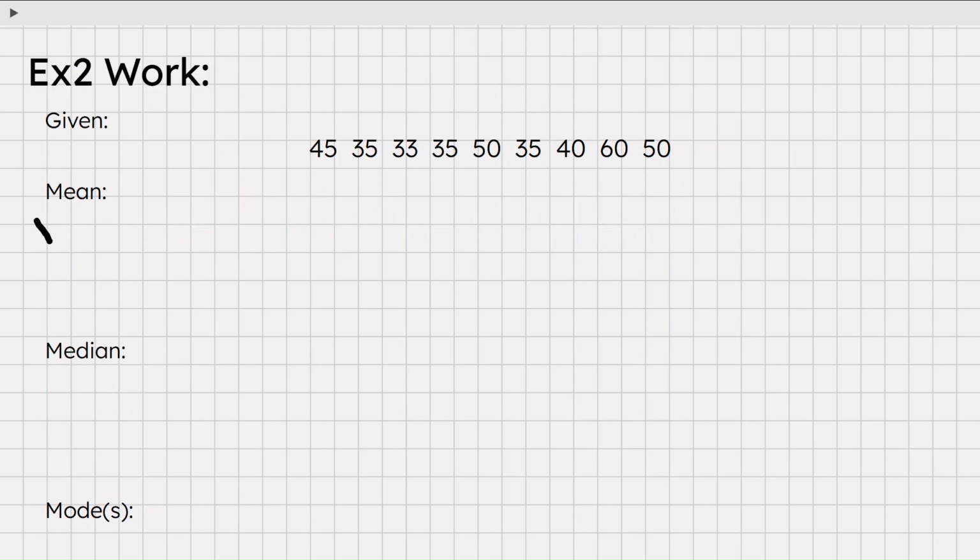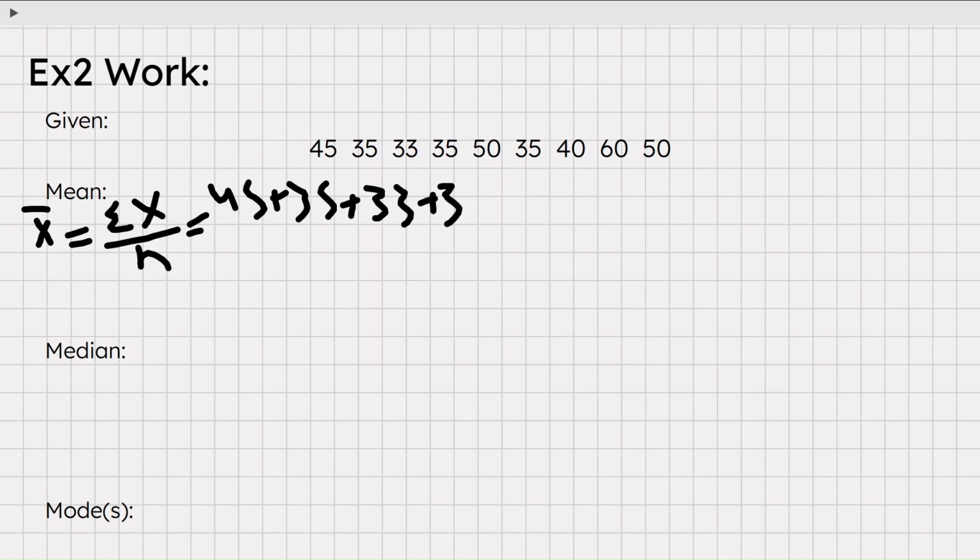So for the mean, as we did before, x bar, or this sample, would be equal to x over n, which is 45 plus 35 plus 33 plus 35 plus 50 plus 35 plus 40 plus 60 plus 50.